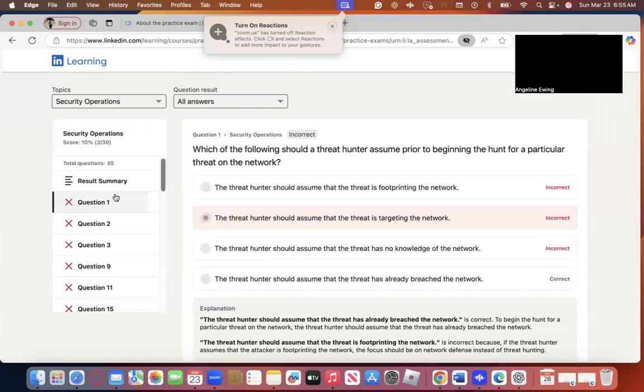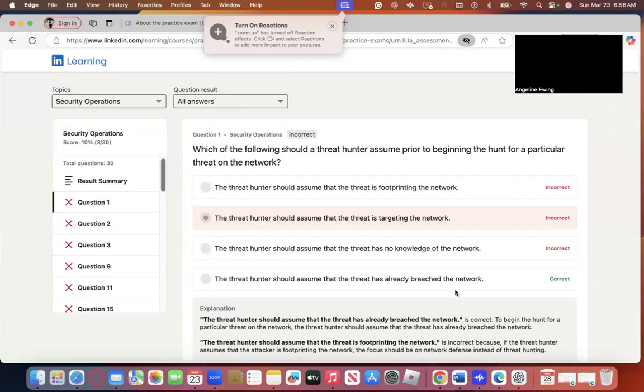Which of the following should a threat hunter assume prior to beginning the threat hunt of a particular threat on the network? The threat hunter should assume that the threat has already breached the network.